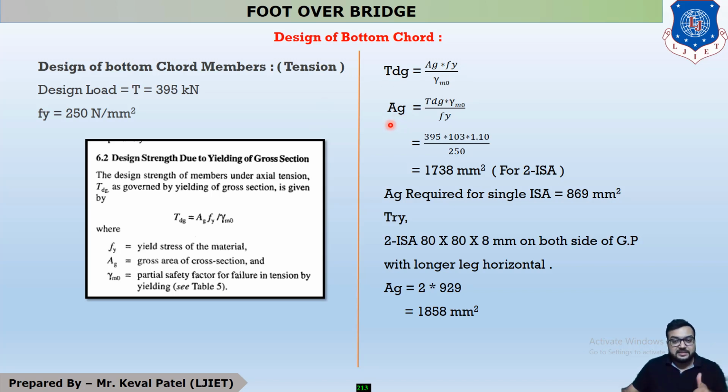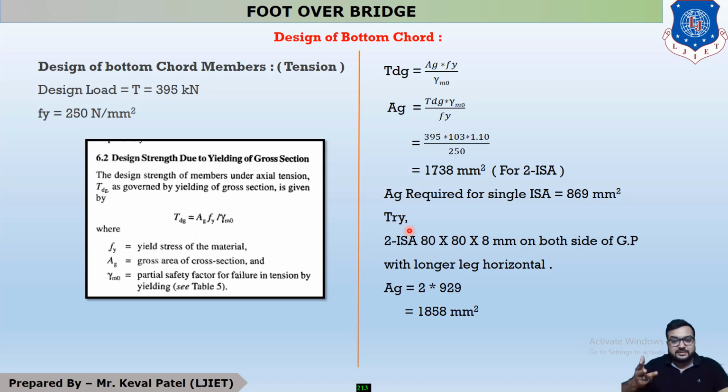First of all you have to find AG, the gross area, and you put the maximum force, which is 395 into 10 raised to 3, and check the minimum area required for your ISA angle. After calculating the minimum area required, you provide a section by trial and error.